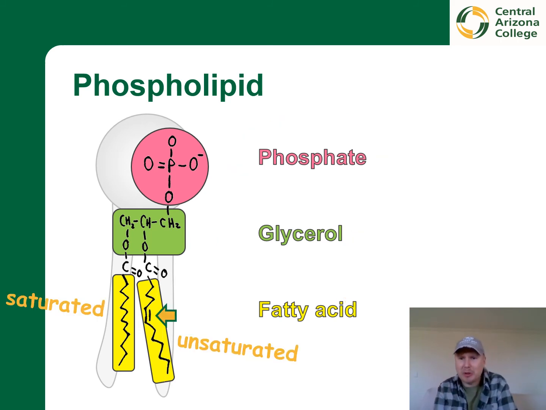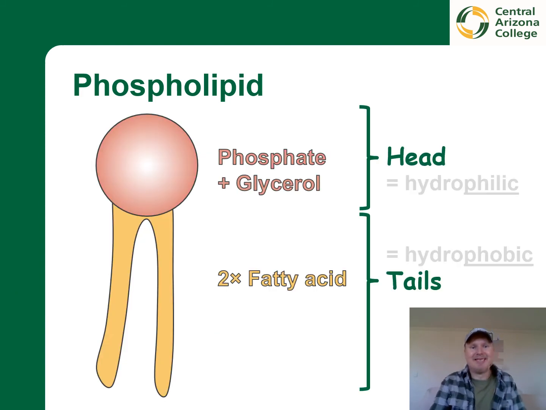Do notice also that there is a double bond in one of the tails, causing a kink in its structure. This was of course an unsaturated fatty acid chain, while the straight one with only single bonds is saturated. So this double bond causes a slight bend in the otherwise straight fatty acid tail, but only in one of these. And now let's hide this chemical structure while leaving the components.